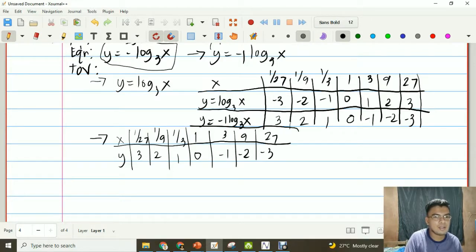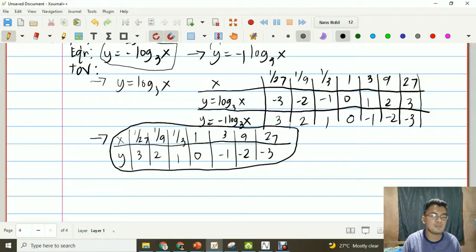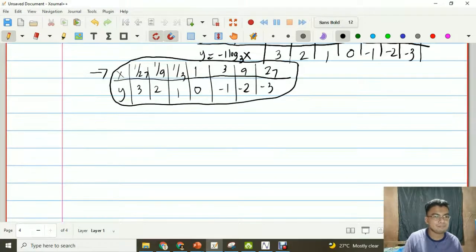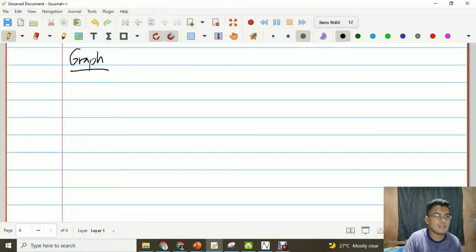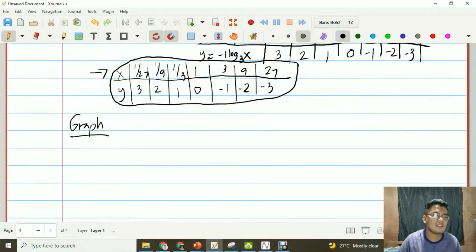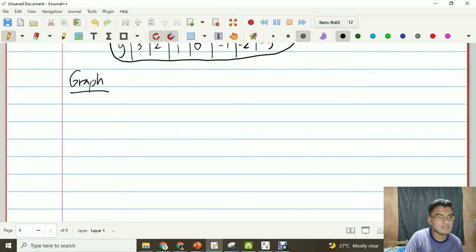So ito ho ang ating table of values for the function f of x is equal to negative 1 times log base 3 of x. So para ma-represent ito using its graph, gagamitin natin itong table of values na nakuha natin. So just like in our previous example, since mahaba na ho, we just consider 1 all over 9 up to 9 for our x values.